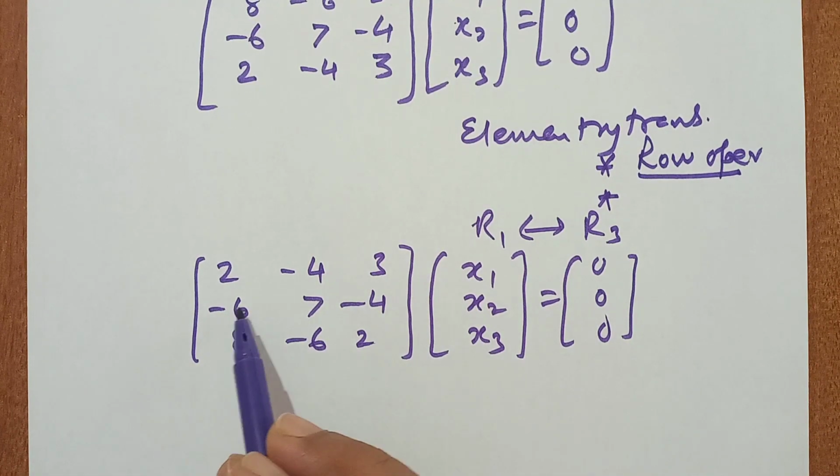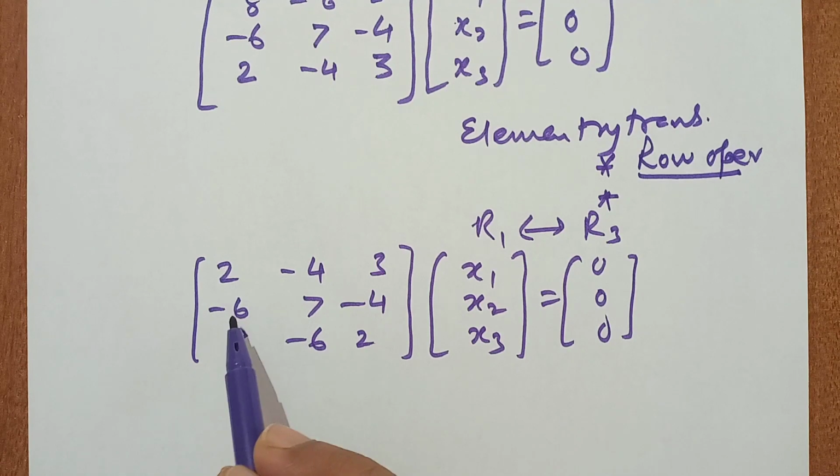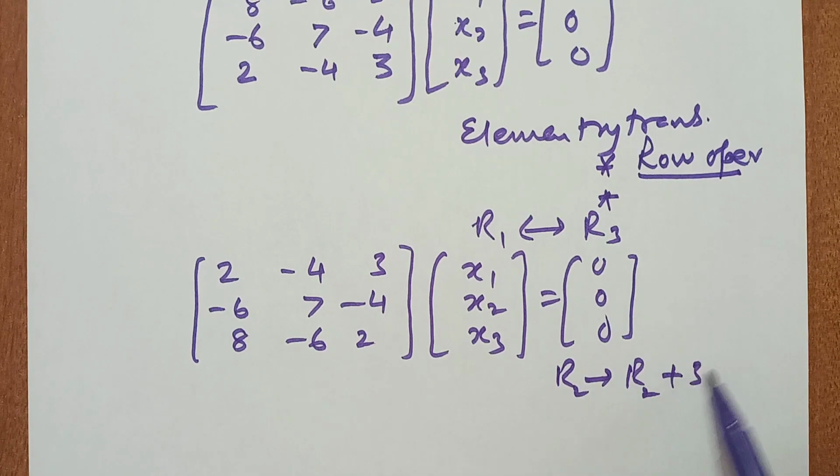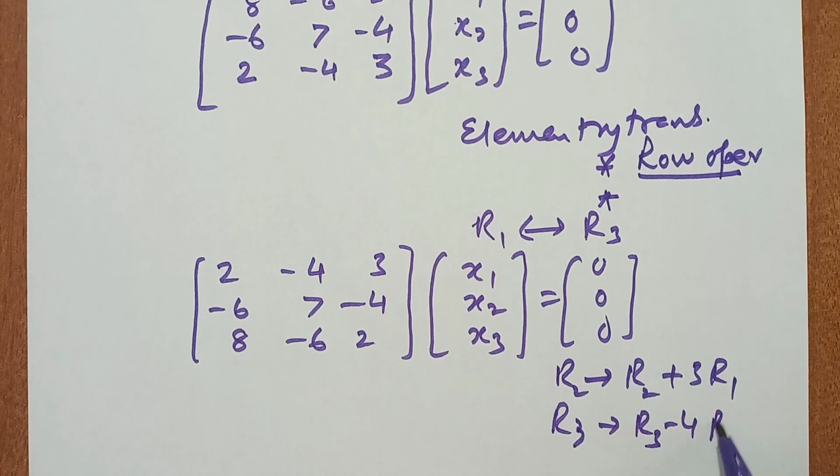So when will this be 0? If we use R2 tending to R2 plus 3 R1, and R3 tending to R3 minus 4 R1.